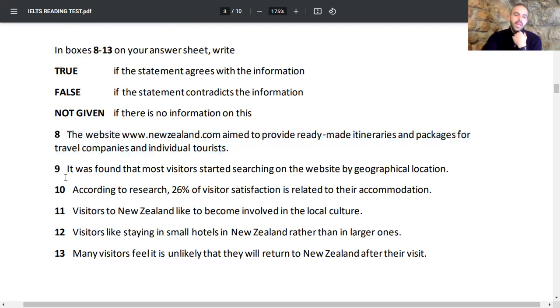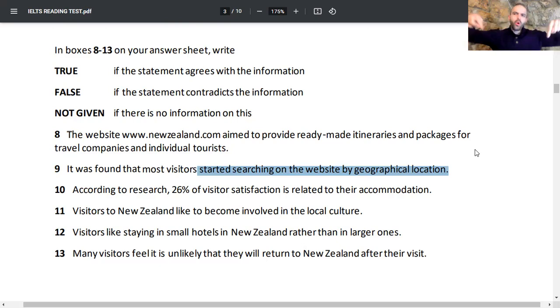Now, number 9, it says it was found that most visitors started searching on the website by geographical location. It was found that most visitors, so most visitors is a keyword, started searching is a keyword, on the website by geographical location is a keyword. But as you can see, the other half of the sentence is completely connected. So it says started searching on the website by geographical location.